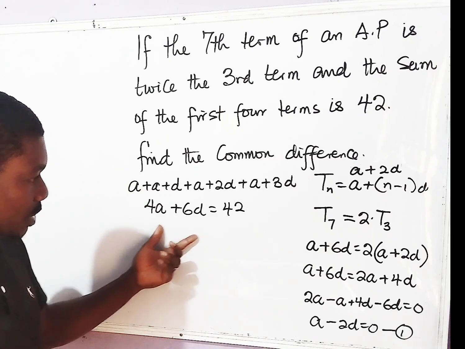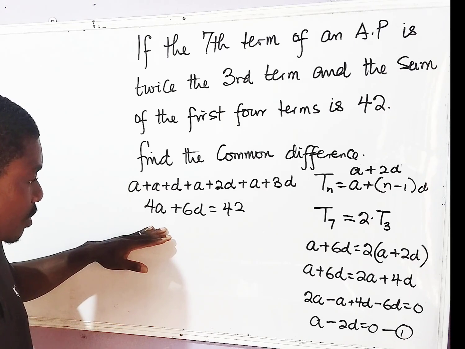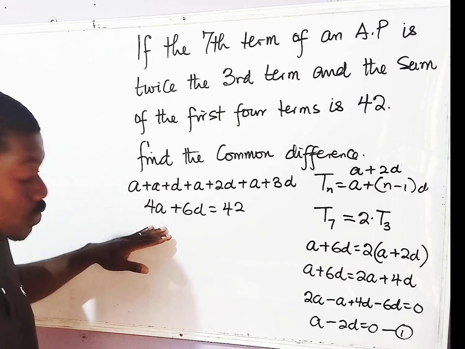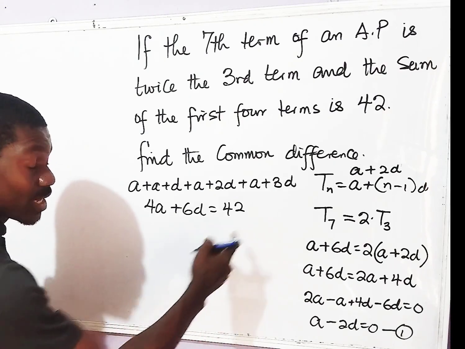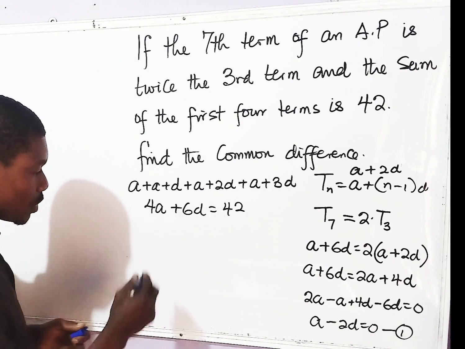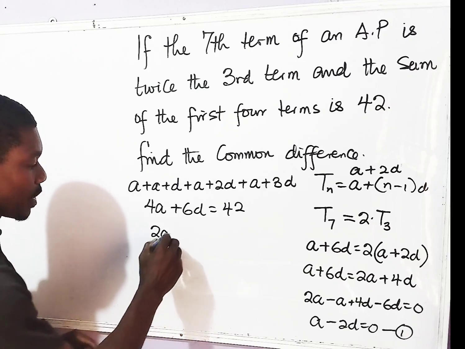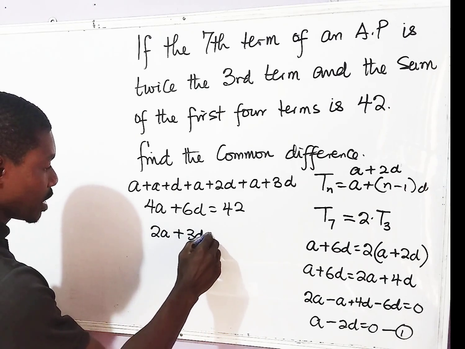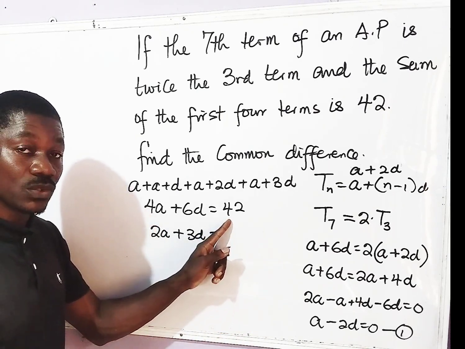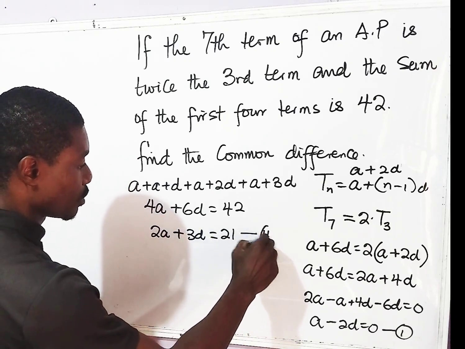Now if we look at this, we see we have a common factor, so we can reduce this by 2. Dividing all by 2, we end up having 2a here, because 4a divided by 2 gives us 2a, then plus 6d divided by 2 will give us 3d, and 42 divided by 2 will give us 21. So let's make this equation 2.